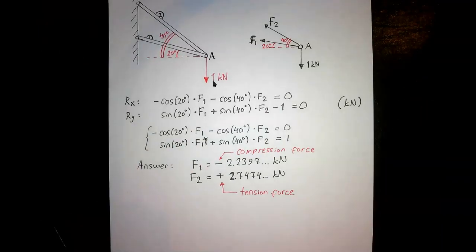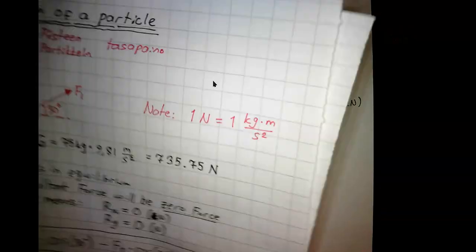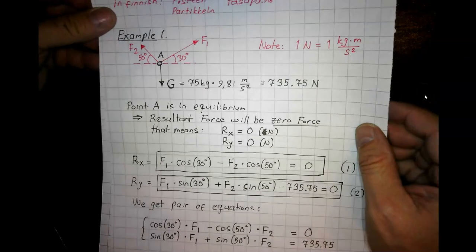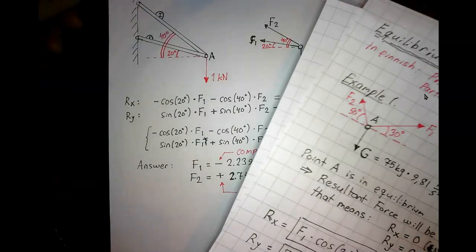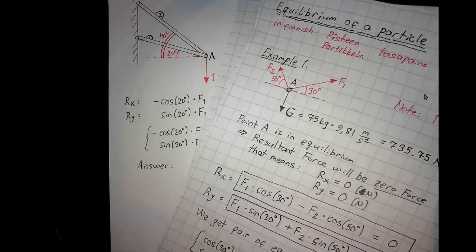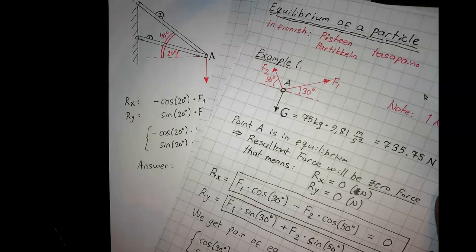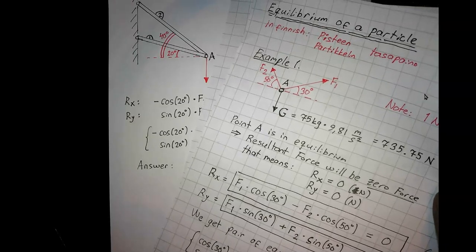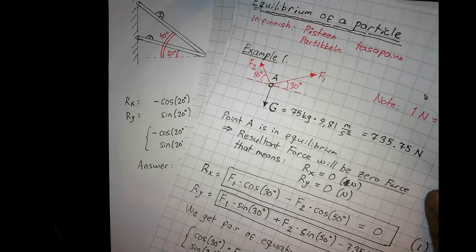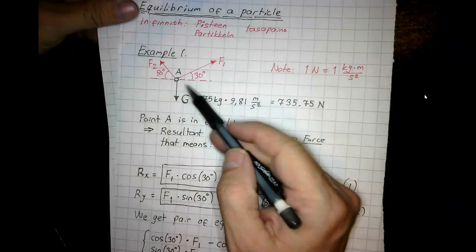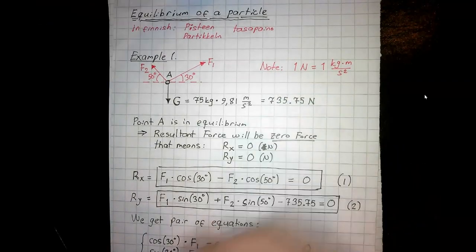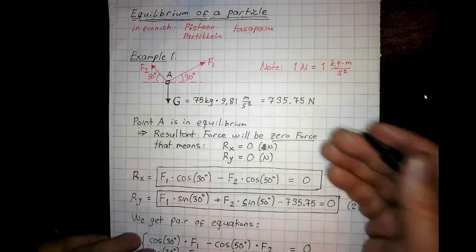So actually in these kinds of problems, where we have one point and there are 3 or 4 or 5 forces which pull that point, the point A in this case, and we have to solve those unknown forces, what do we need to do?